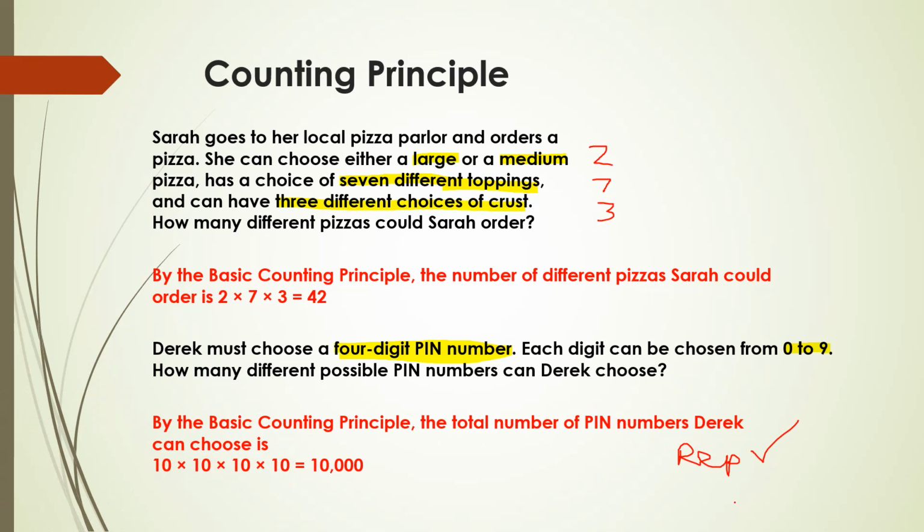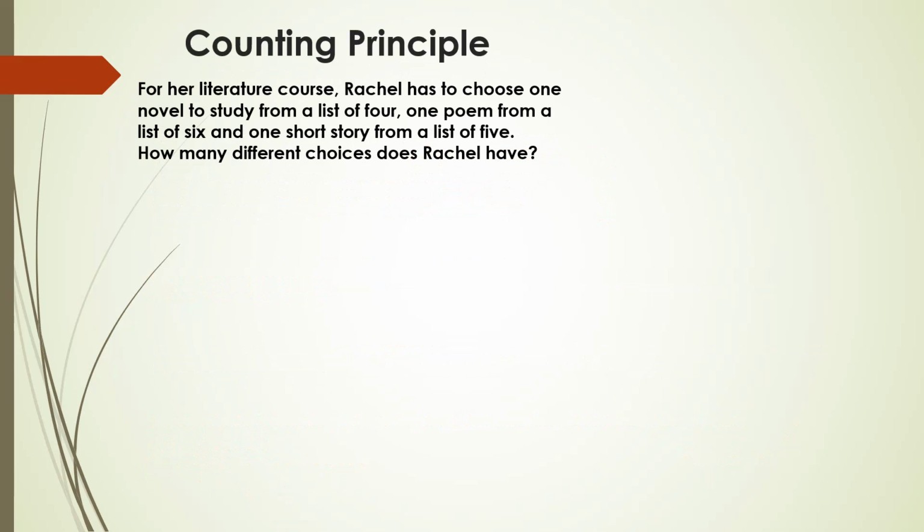If repeat wasn't allowed, the story would look differently. For the first number you can choose 1 of 10. For the next number you'll only have 9 left. For the number following that you'll have 8 left. And for the last digit you'll have 1 of 7 choices. And you can see that answer is going to be completely different because there you're not allowing for things to be repeated. Okay, let's look at the next question.